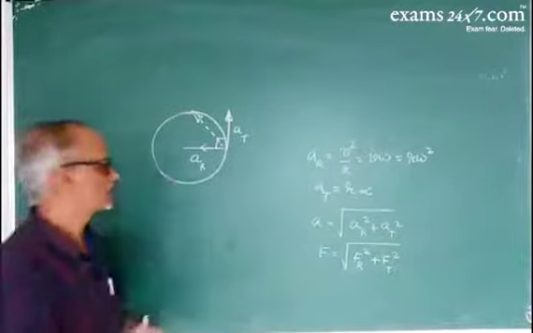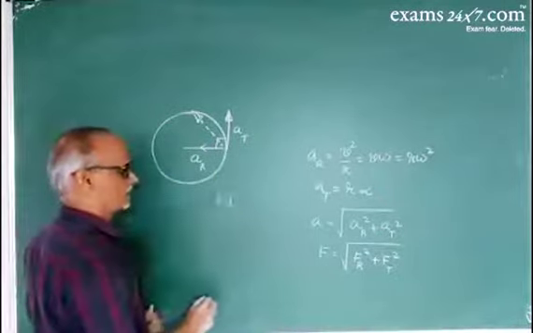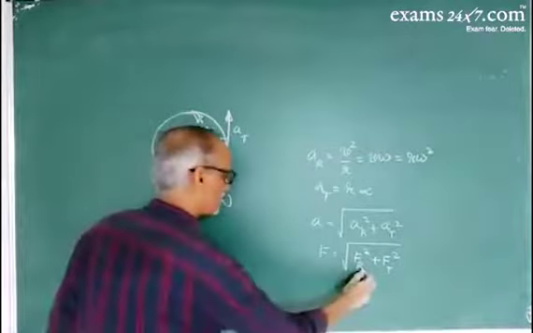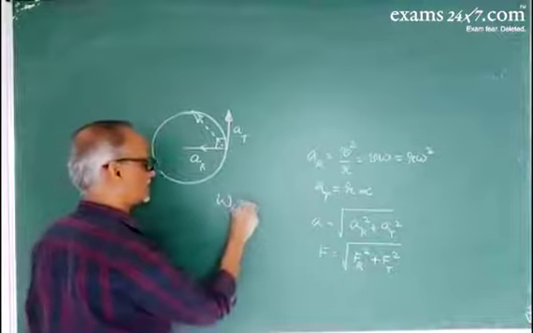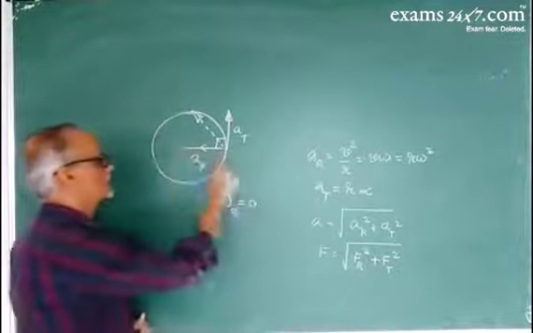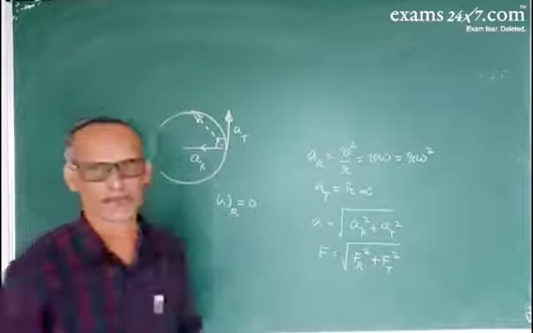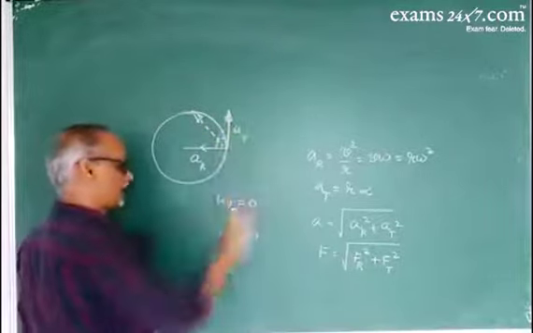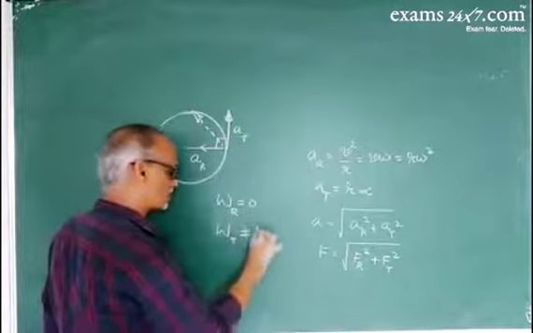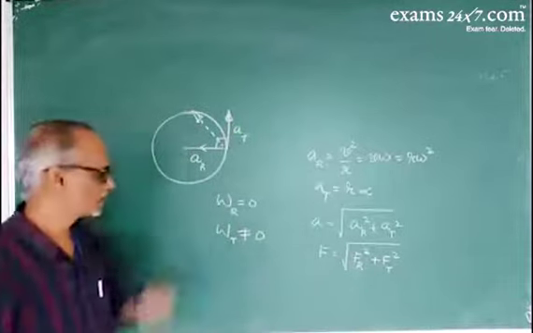In this case, the work done by the radial force, which is the centripetal force, is always 0, because the displacement and the force are perpendicular. But the work done by the tangential force is not equal to 0. Why is it not equal to 0?